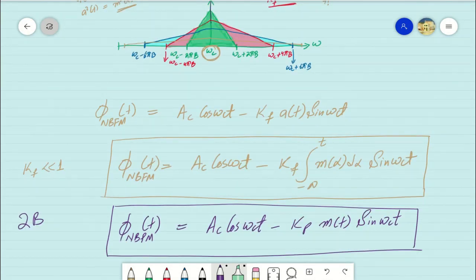That is, we have only considered the carrier signal, which represents this impulse in frequency domain, and the term which is generating only the first sidebands, and the bandwidth which will be generated will be limited from omega c minus 2 pi b up to omega c plus 2 pi b. Therefore, in terms of radians per second, we have a total bandwidth of 4 pi b. If we convert it into hertz, then the bandwidth is 2b, which is twice the bandwidth of information signal, where b represents the bandwidth of information signal.